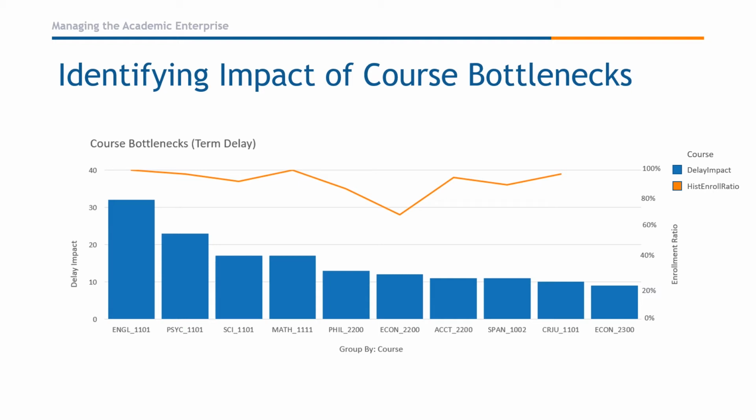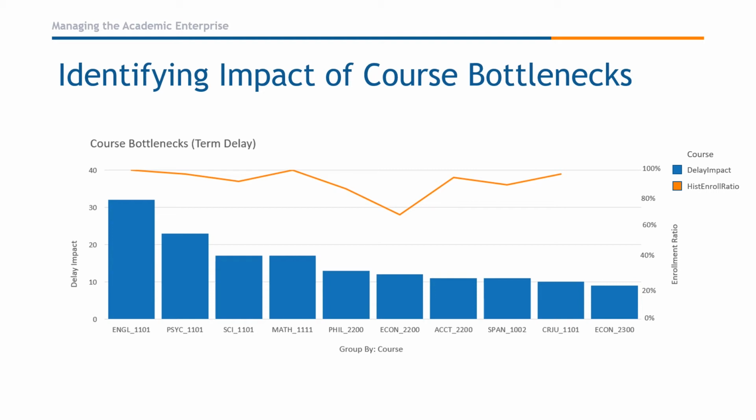The orange line is the historical fill rate of the sections of the course, or the enrollment ratio. For English 1101, you can see that this enrollment ratio is always right at 100%, indicating that the course is full. In this situation, the institution should consider offering more sections or seats of English 1101 to alleviate this course bottleneck. In comparison, look at the enrollment ratio for Econ 2200 in the middle.